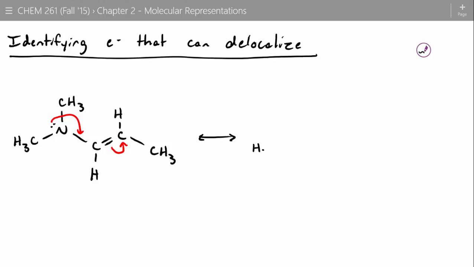So now we've got a CH3, a nitrogen, a CH3, carbon, carbon, CH3. And now this carbon has a negative charge on it.